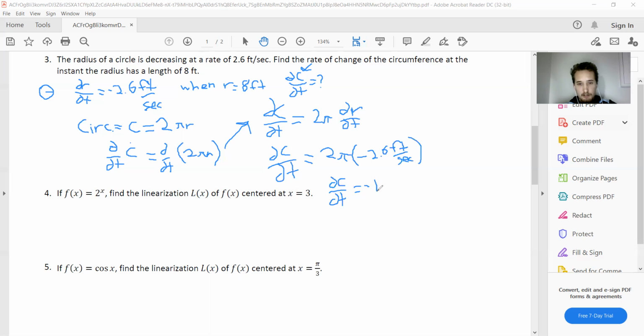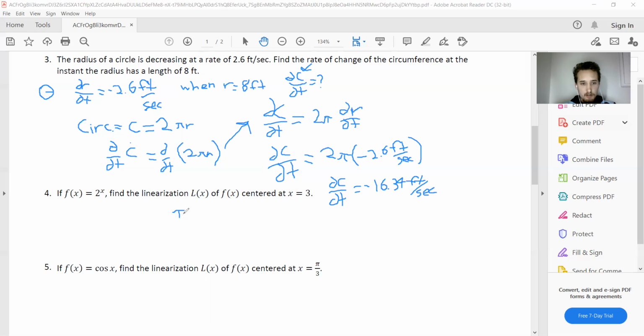You get negative 16.34 feet per second. Okay, so that's your answer, right? Because it's negative, the circumference is decreasing.